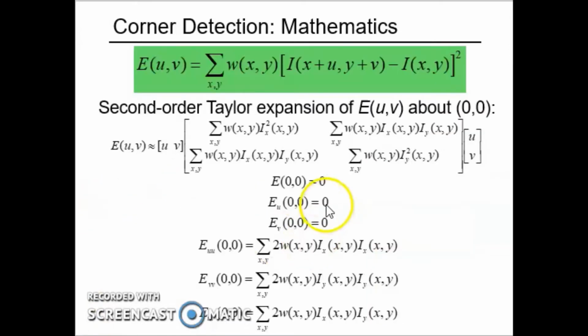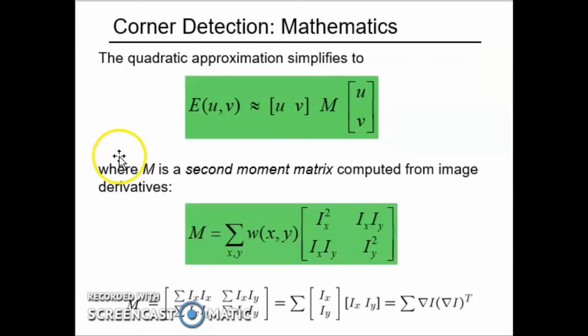Now, once we make these substitutions into this particular equation, this is what we obtain over here. So basically, an estimation of E of UV can be done as [U V], and then there is a matrix M, and then [U V] again. And this matrix is basically represented by this particular equation.